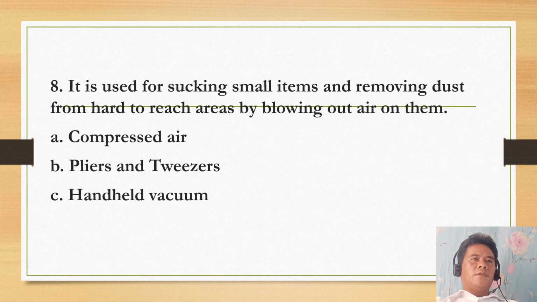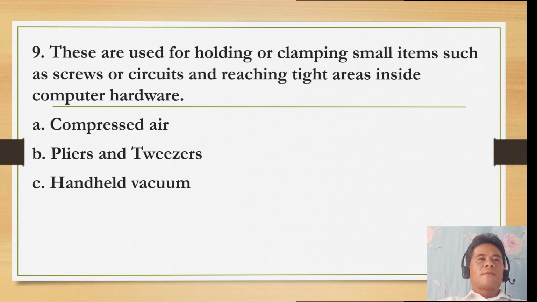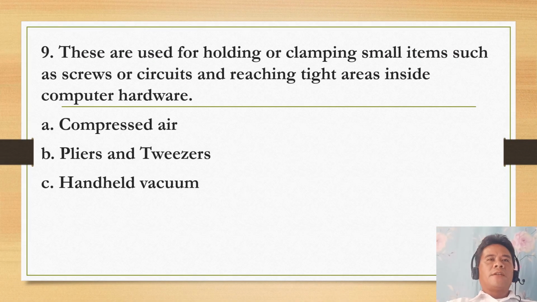Number 8. It is used for sucking small items and removing dust from hard to reach areas by blowing out air on them. A. Compressed air. B. Pliers and tweezers. C. Handheld vacuum. Number 9. These are used for holding or clamping small items such as screws or circuits and reaching tight areas inside computer hardware.